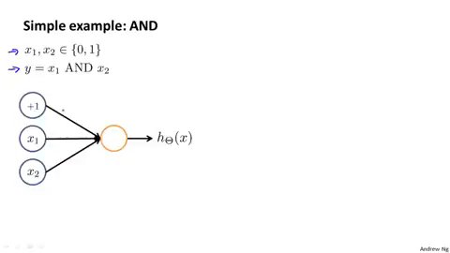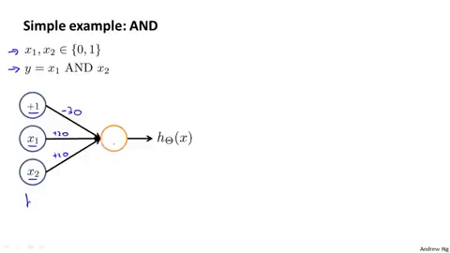Now, let me assign some values to the weights, or the parameters, of this network. I'm going to write down the parameters on this diagram: -30 here, +20, and +20. What this means is that I'm assigning a value of -30 to the parameter associated with x0, that is this +1 going into this unit, a parameter value of +20 that multiplies x1, and a value of +20 for the parameter that multiplies x2.